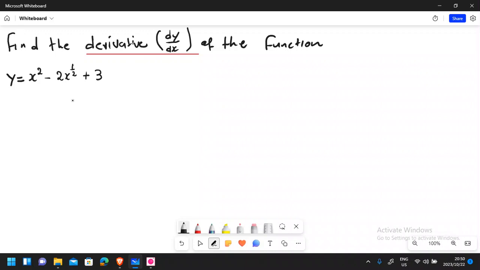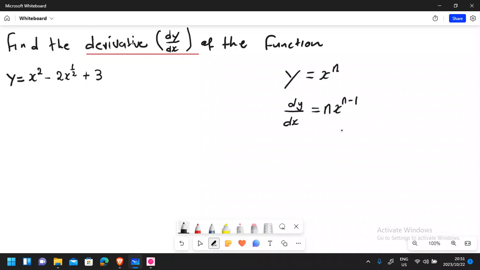Now guys, how are we gonna do this one? This one is not that difficult. If you remember from the video that I mentioned, which is part 1 of this playlist, the formula to derive: if you're given y equals, the function usually is given like this, y is equal to x to the power of n, and when you find dy over dx, the formula is going to be n multiplied by x to the power of n minus 1.